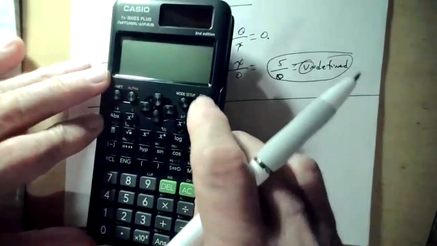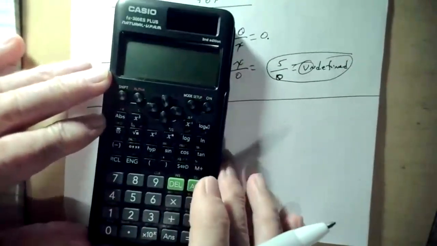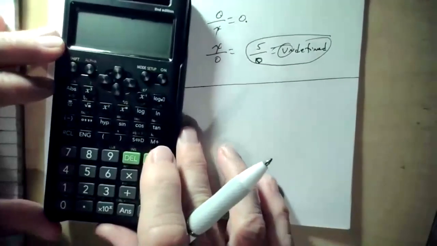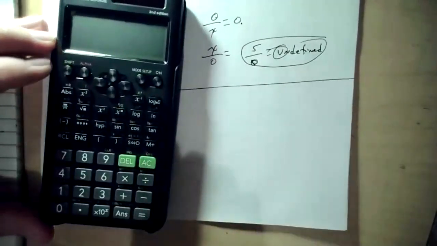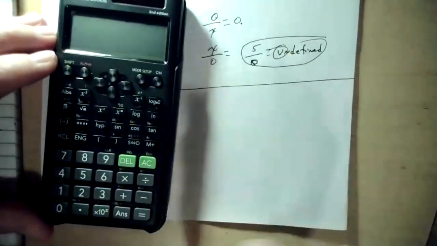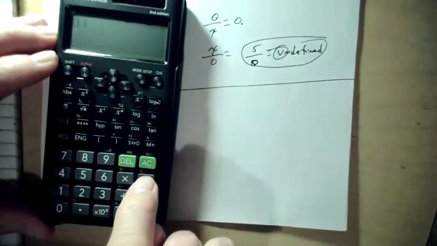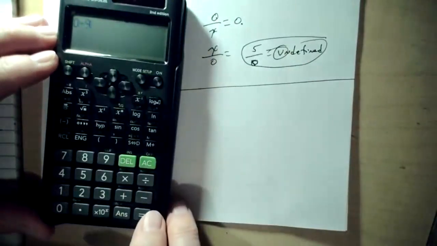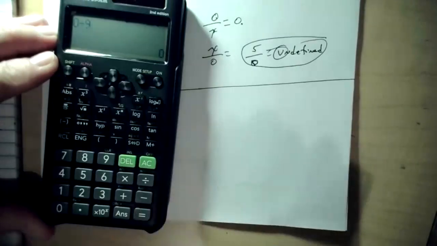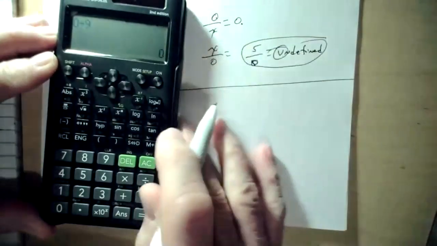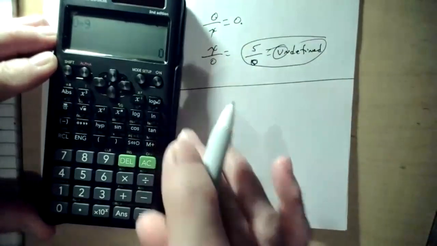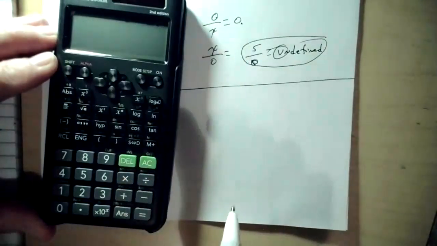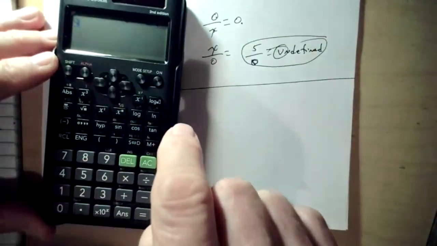Pretty clever. And again, if you're not sure, get out your handy dandy calculator. First turn it on. Let's do this one first: 0 divided by 9 is 0. I don't know whether you can see that or not.